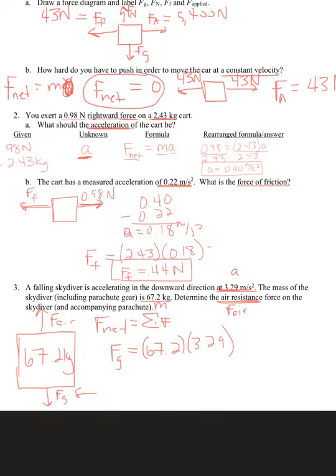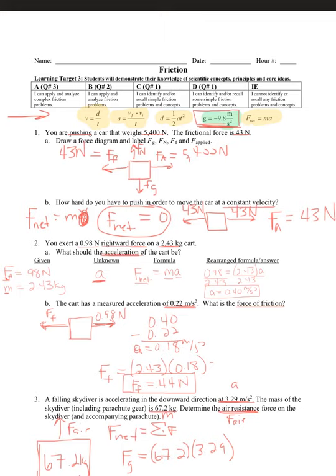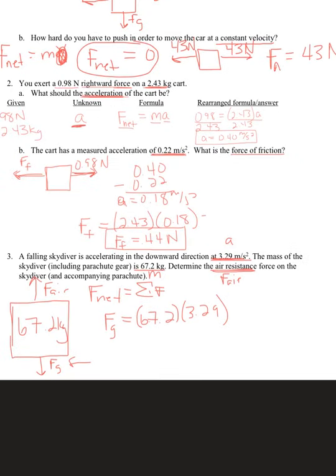So that means our actual measured acceleration is less than what our gravitational constant should be. So if we can find the difference between the two of those, then we can find the force of air resistance.